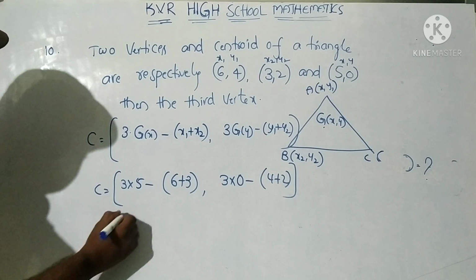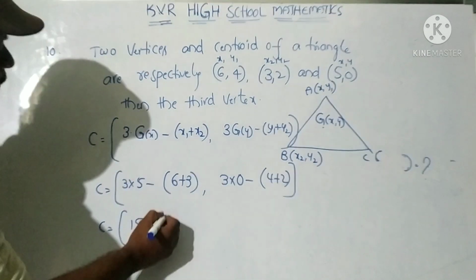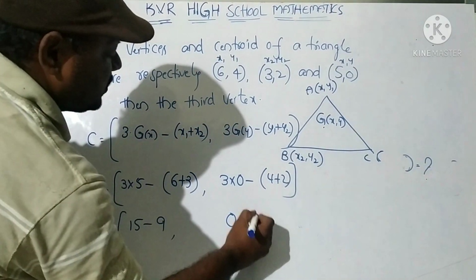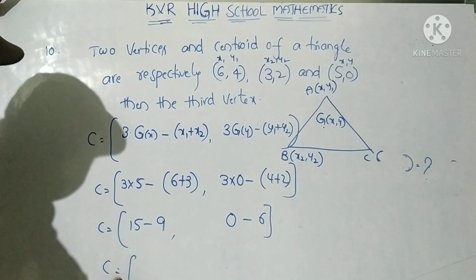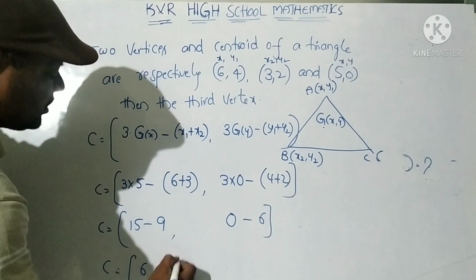So C equals 3 into 5, 15, minus half, 6 plus 3, 9. Next, 3 into 0, 0, minus half, 4 plus 2, 6. So, C equals 15 minus 9, value 6. 0 minus 6 means minus 6.